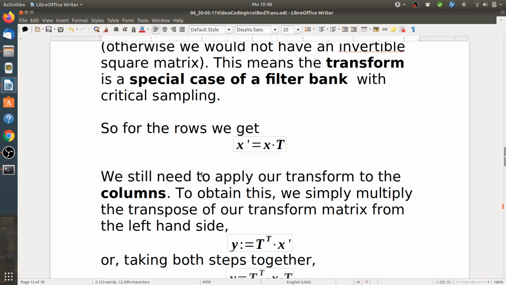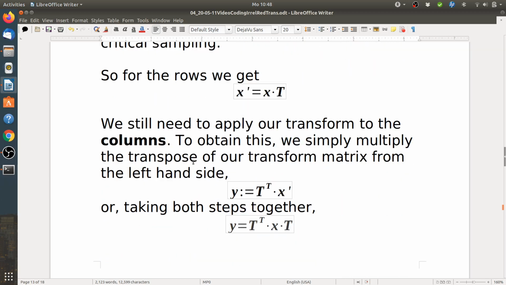So when we apply it to an image, imagine we have our 8x8 pixel blocks. Then we first apply it to the rows. X times T now generates our transformed rows, but we still need to apply our transform to the columns. To obtain this, we simply multiply the transpose of our transform matrix from the left-hand side.